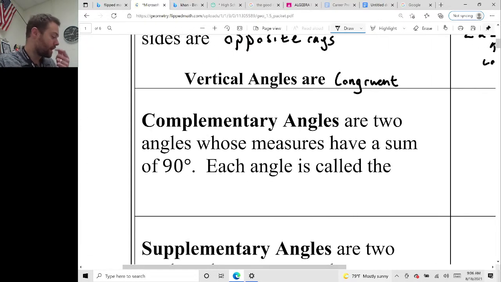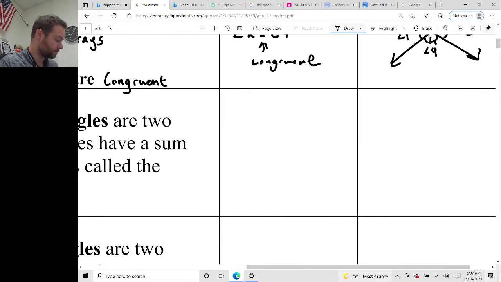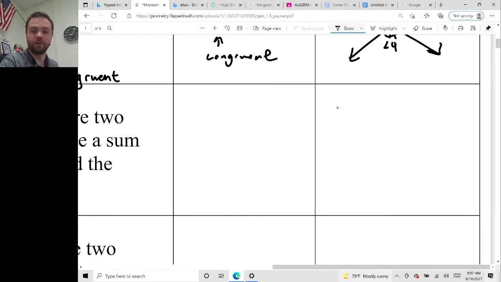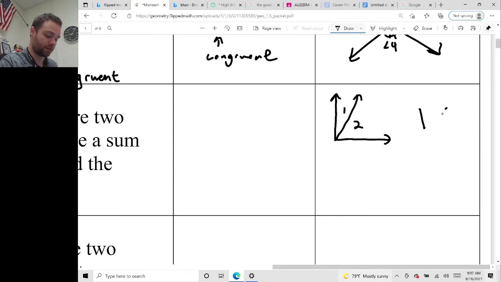Okay, complementary angles are two angles whose measures have a sum of 90 degrees. Each angle is called the complement to the other. So you might see angles that look like this, or you might see two angles that are not necessarily adjacent, but they still form a complementary pair.